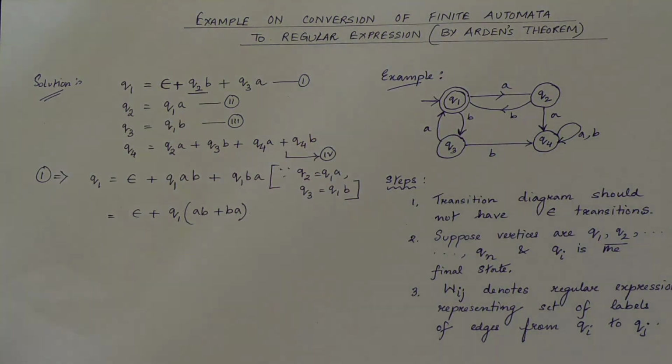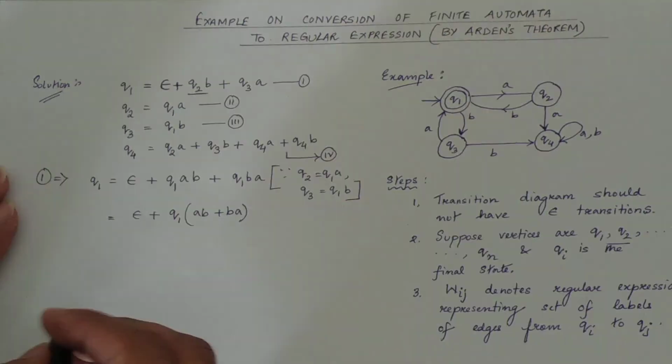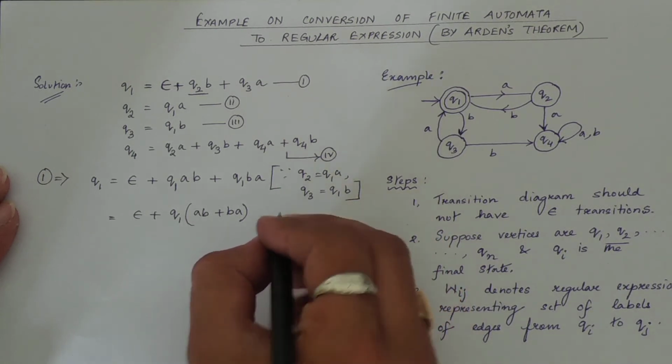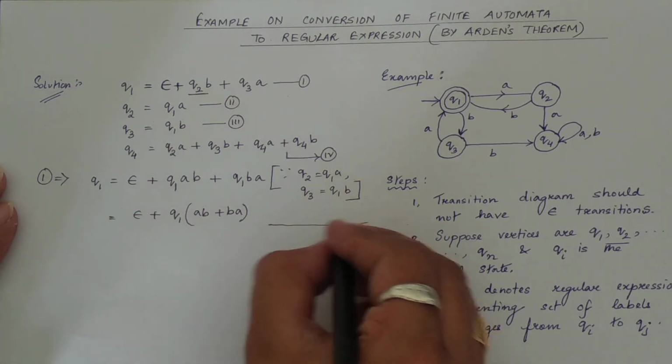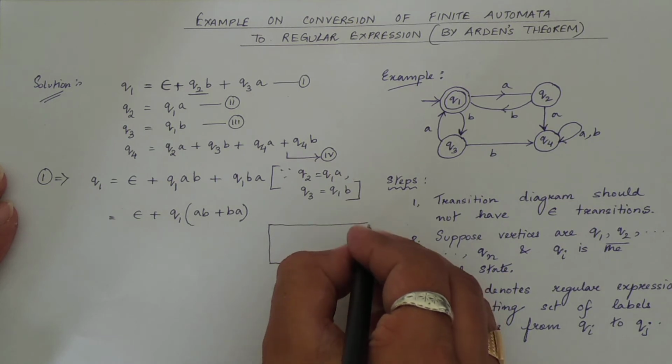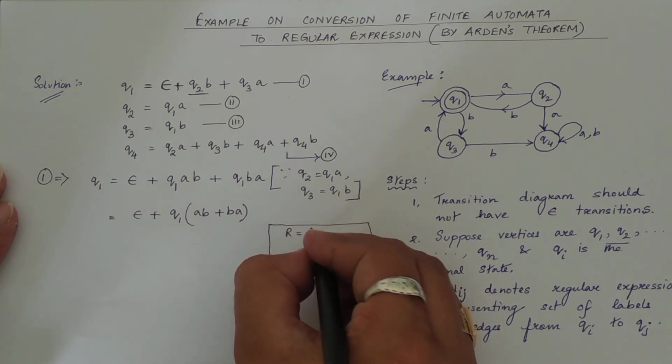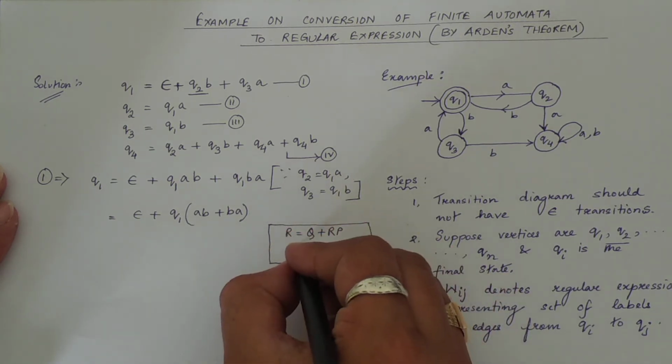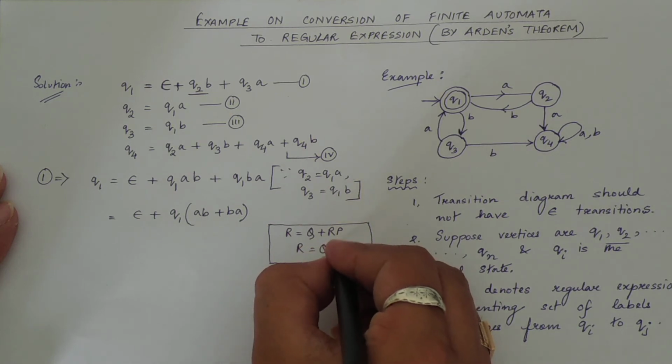Now I'll come to one particular point, what Arden's theorem states. Arden's theorem states that if we have an equation of the form R equals Q plus RP, then it has a unique solution, R equals QP star.